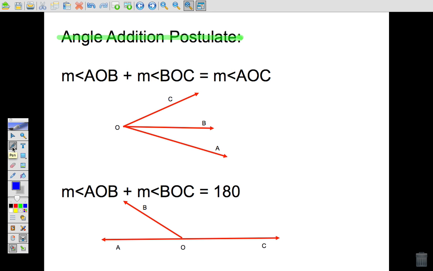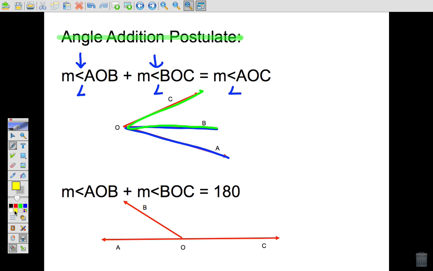So the angle addition postulate says, and notice that I had to make those little lesson signs here. Really, they should look like this, but on the keyboard at that time, I wasn't able to do that. The angle addition postulate says the measure of angle AOB, so angle AOB is this part, plus angle BOC, which is this part, add up to, guess what?